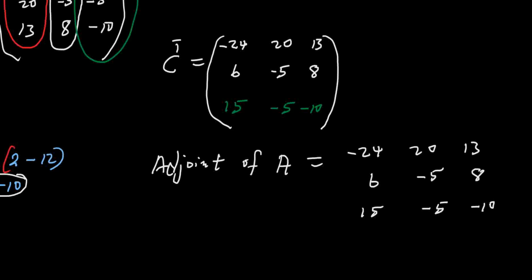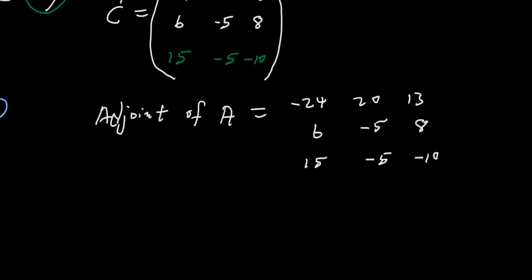Good. So at this point, we can now write the inverse of the square matrix A, which can be written as A exponent negative 1.